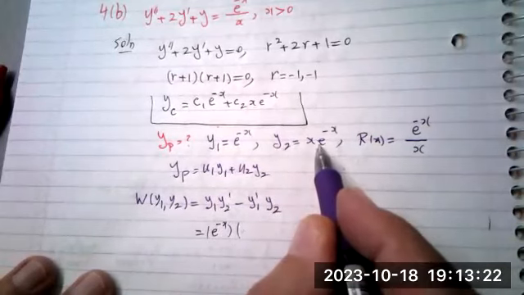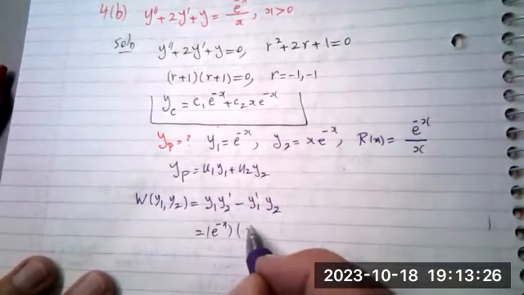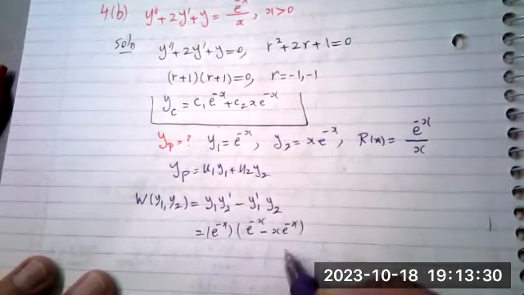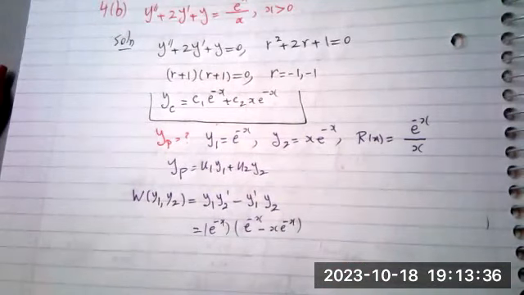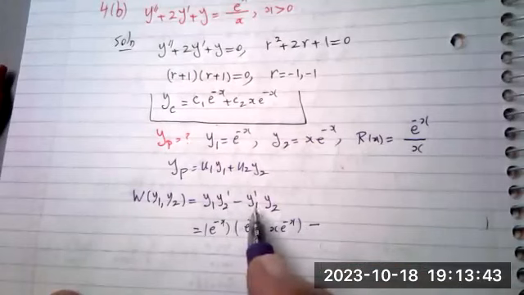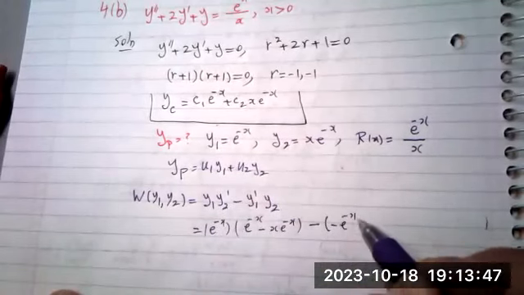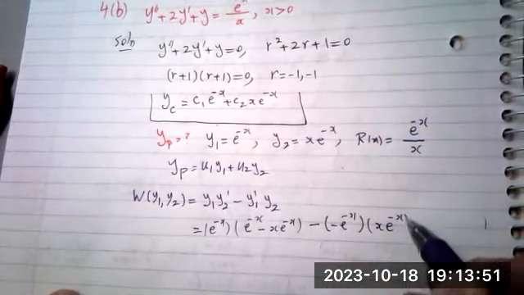For y2 prime, we have to use the product rule: first times derivative of second, e to the negative x times e to the negative x, plus derivative of first, x times negative e to the negative x. Now it's going to be minus y1 prime, which is negative e to the negative x, times y2, which is x e to the negative x.